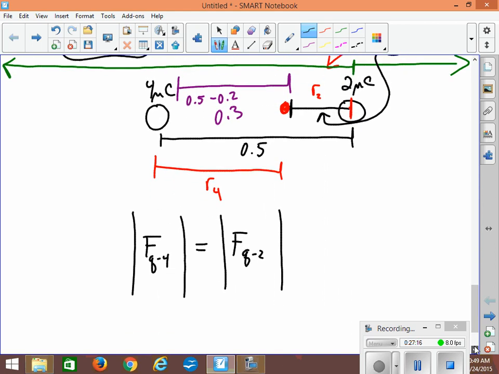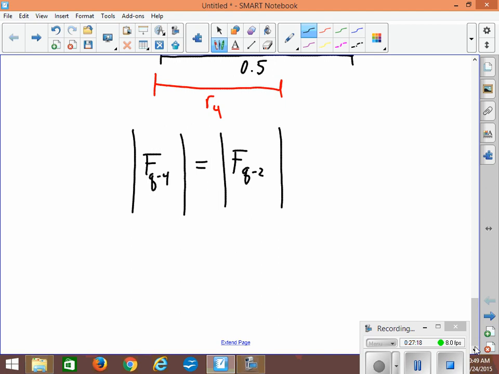Which I'll draw again, because that picture is too confusing. There's the place we found, there's our 4, there's our 2, and we put our Q right there. And that was the 0.2, 0.2 away from this charge. Okay. Well, what does this other number mean?